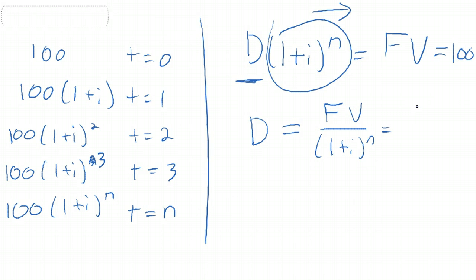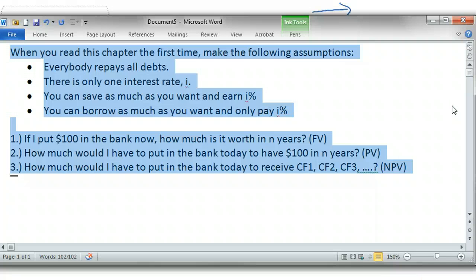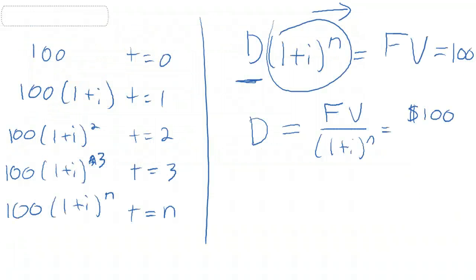In this case, if we want to get that $100 in n years, the amount that we have to deposit is $100 divided by (1 plus I) to the n.